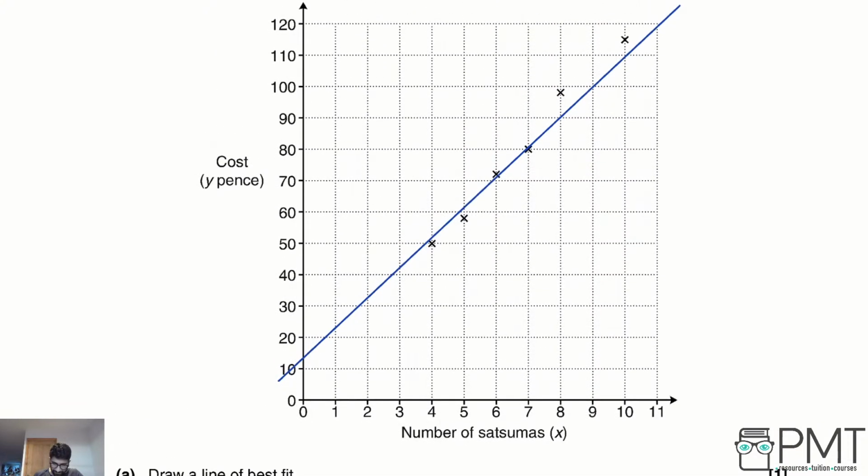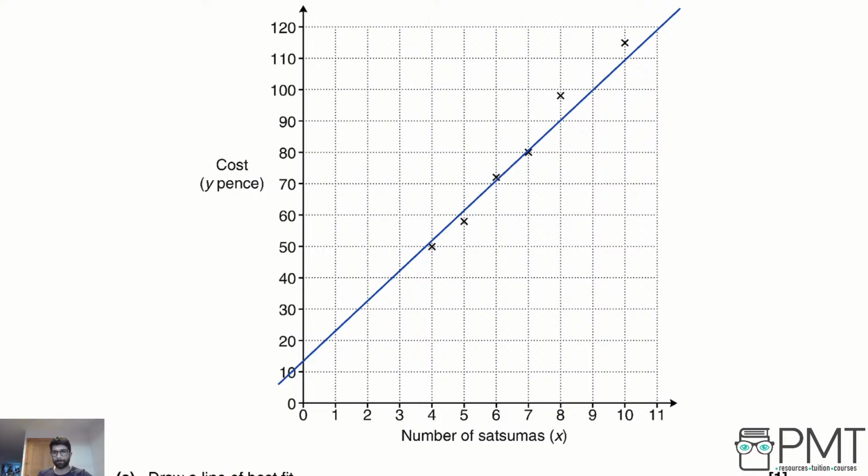So for the gradient, you can make a triangle to find the rise and the run. So I'm gonna make it as big as possible. That's gonna be my vertical one.